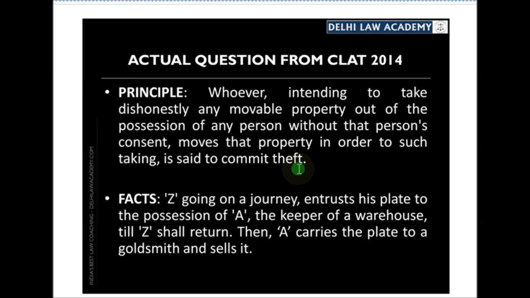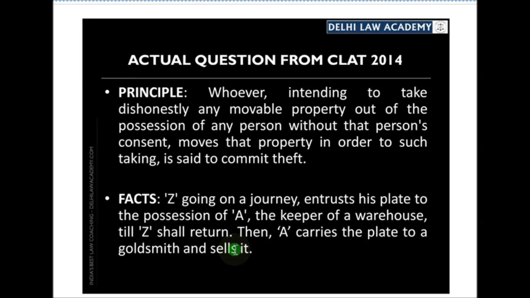With this principle in mind, the student has to examine the facts which are subsequently given. The facts in this case are: Z, going on a journey, entrusts his plate to the possession of A, the keeper of a warehouse, till Z shall return. Then A carries the plate to a goldsmith and sells it.